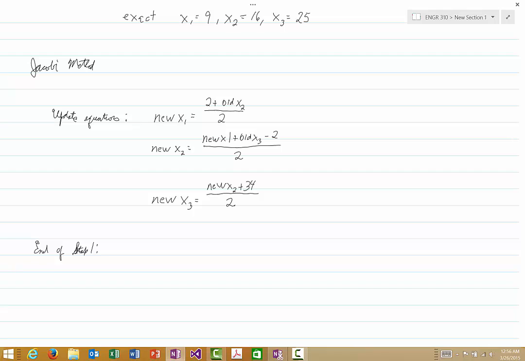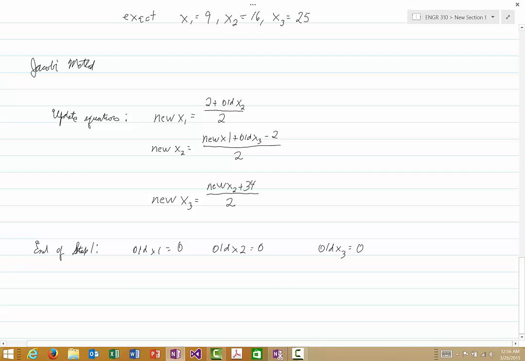Okay, so after end of step 1, we have old x1, old x2, old x3, and I'm assuming that we began with the same initial guess as before.